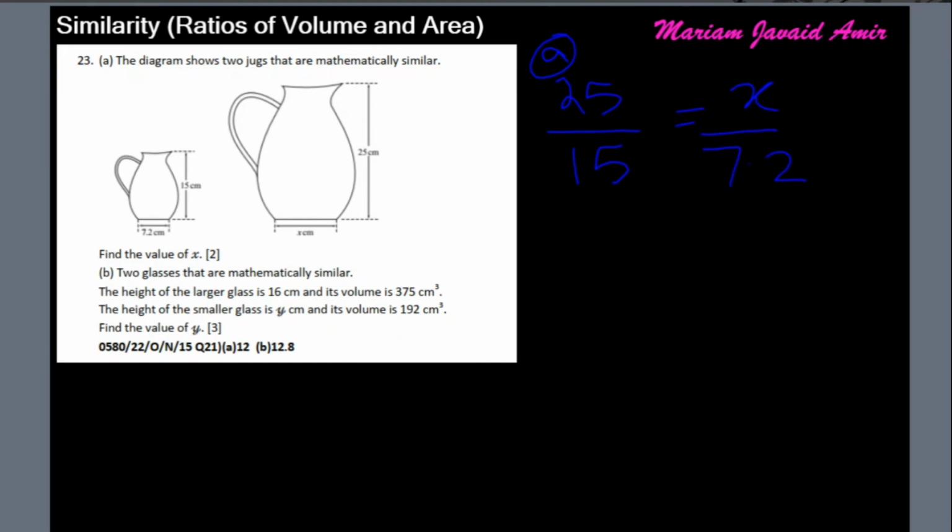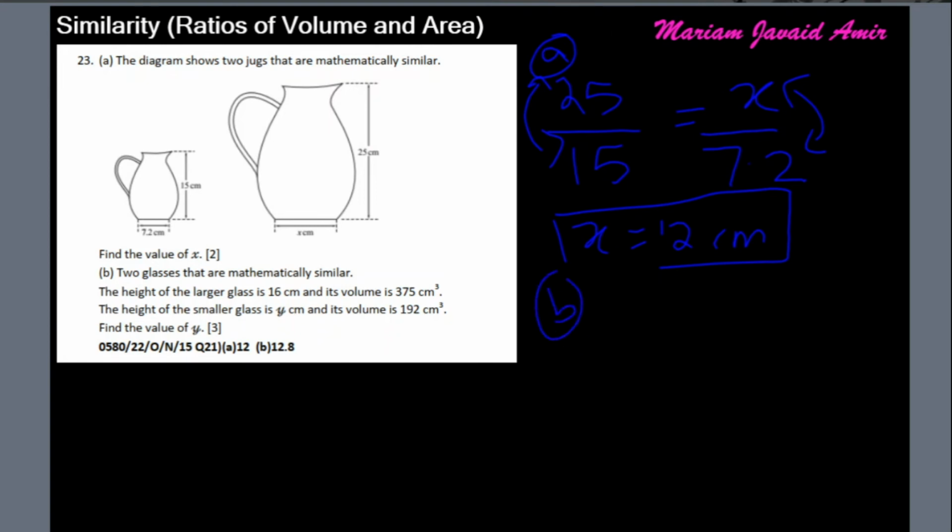We've equated the ratios of the corresponding lengths because we're allowed to do that in similar shapes. So 25 times 7.2 divided by 15 gives 12. So x equals 12 centimeters. And you can also take the reciprocal of both these fractions and you'll still get the same answer.